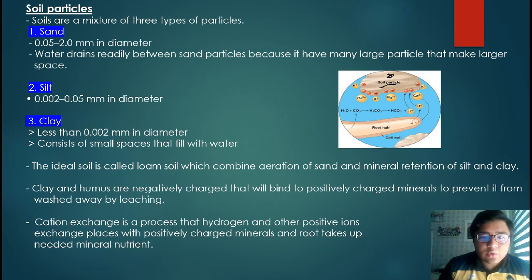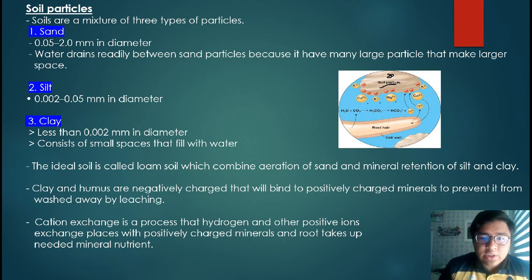Okay, so the positively charged mineral nutrients like calcium, potassium and magnesium, they will bind to the soil particle, and after that in the root they have hydrogen, which is a positively charged ion.